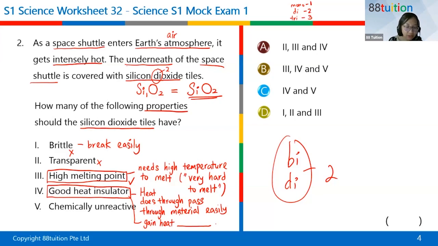If you are a good heat insulator, let me write here. Good heat insulator is equal to, opposite of good is poor. Opposite of insulator is, do y'all know what is the opposite word of insulator?